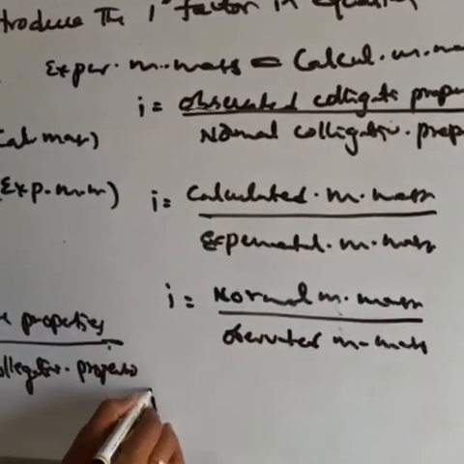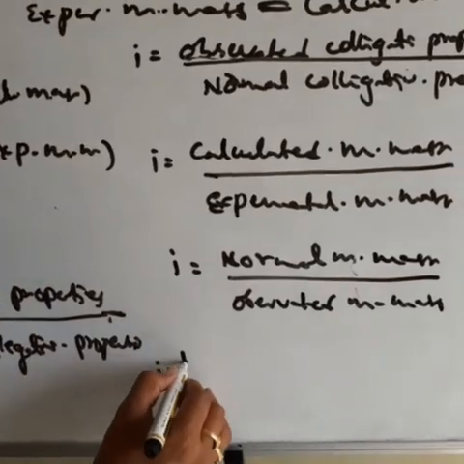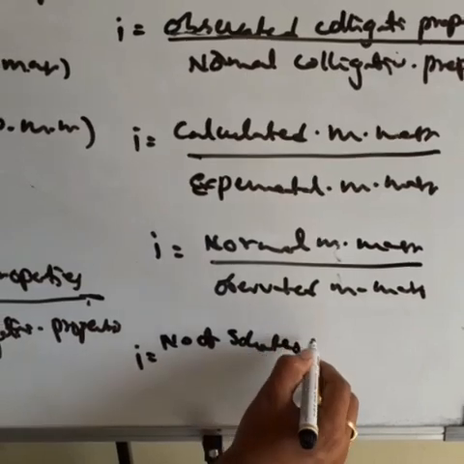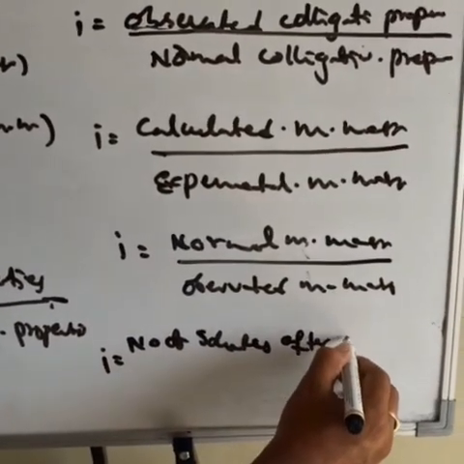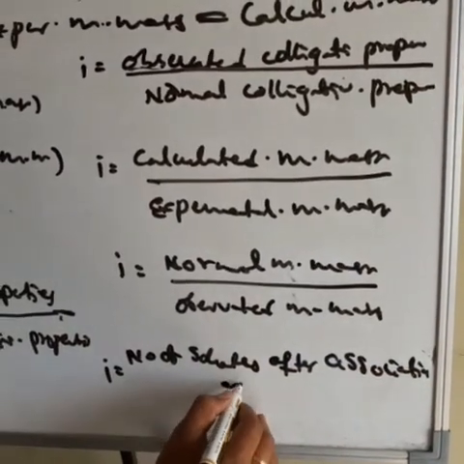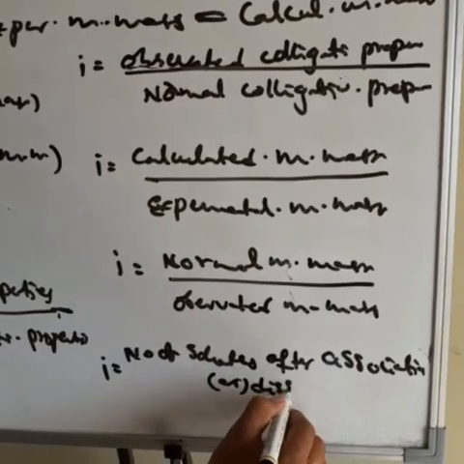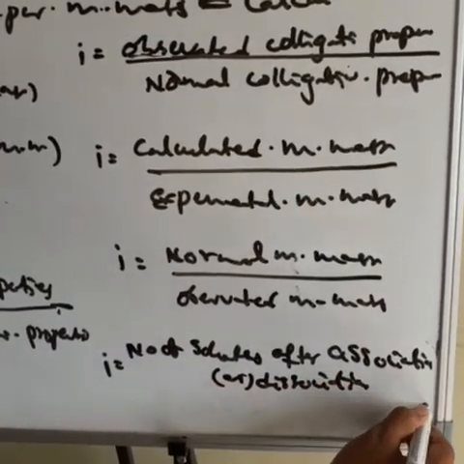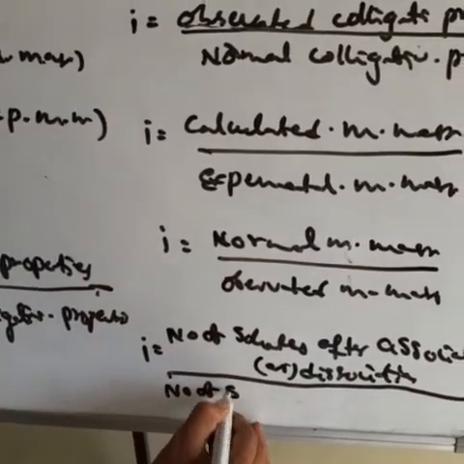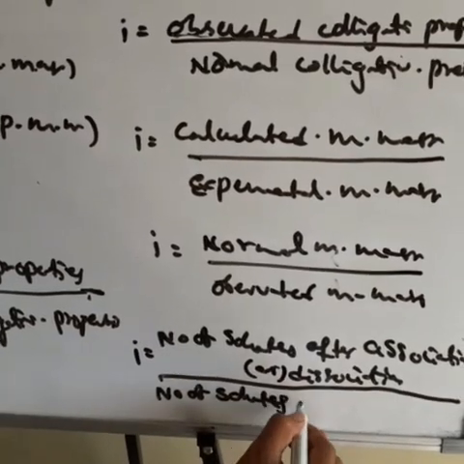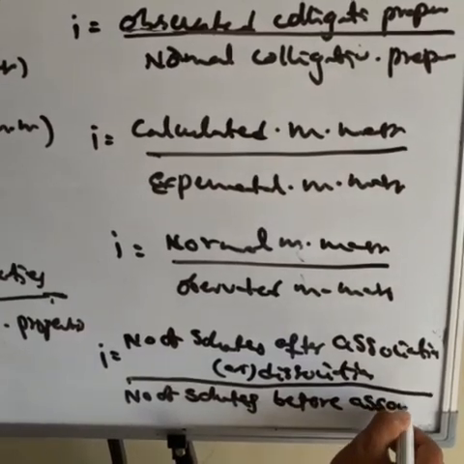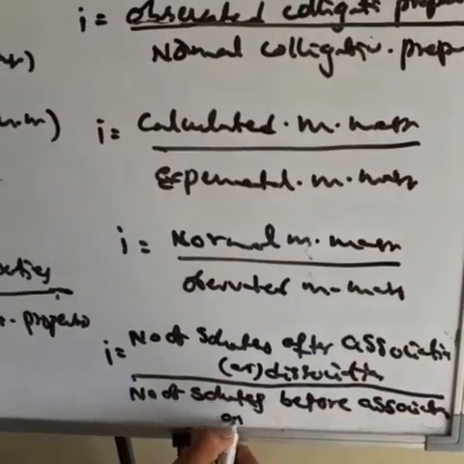Then the last formula: i is equal to the number of solute particles after association or dissociation divided by the number of solute particles before association or dissociation.